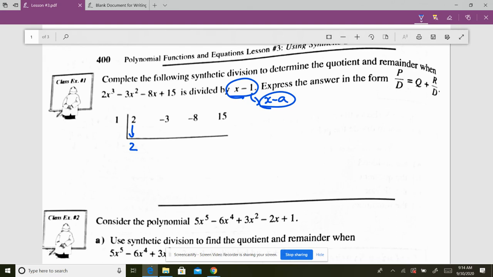So 1 times 2 is 2, and that's what goes there underneath the -3. And here's the big difference with synthetic. In long division, you're always subtracting. In synthetic division, you are always adding. Okay, so I add -3 plus 2 to get -1.